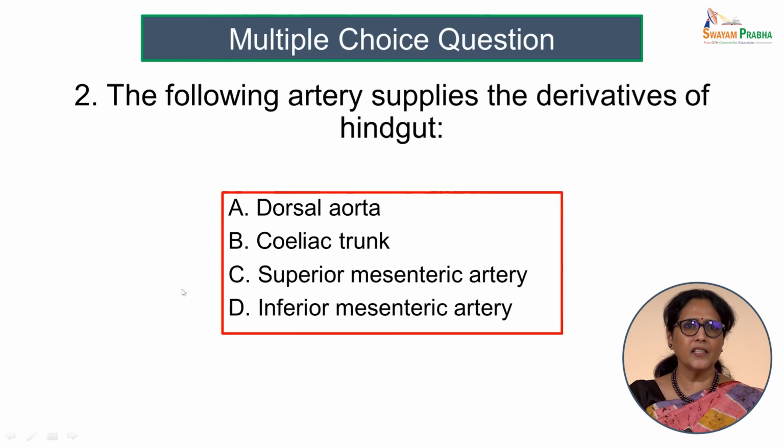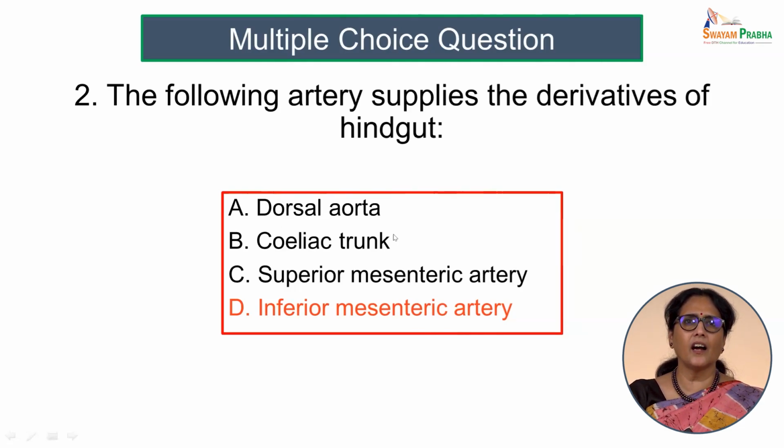And the answer is D. Inferior mesenteric artery. The dorsal aorta gives celiac trunk, superior mesenteric artery and inferior mesenteric artery.